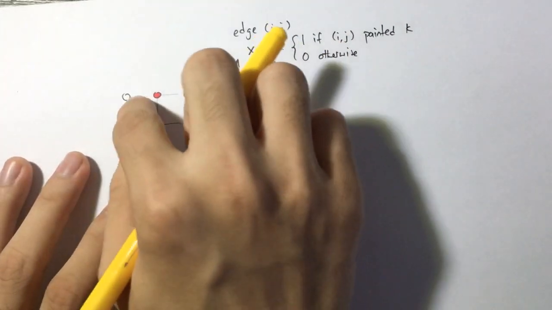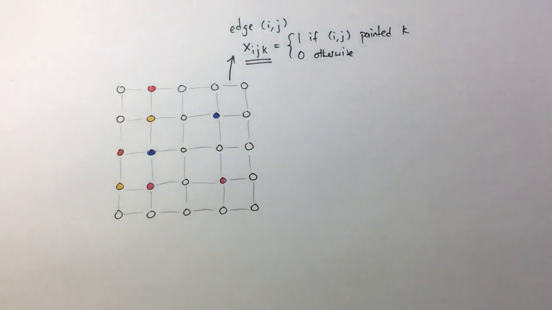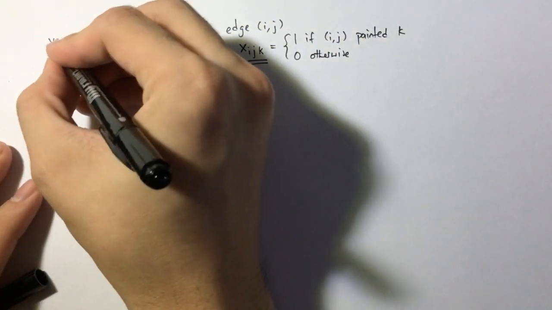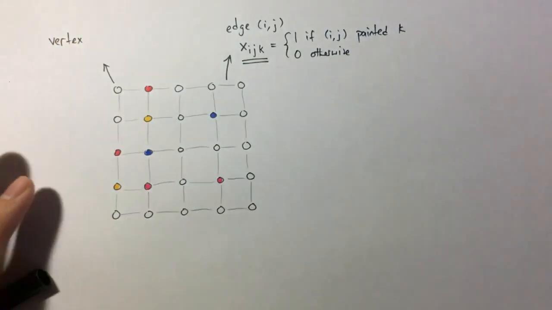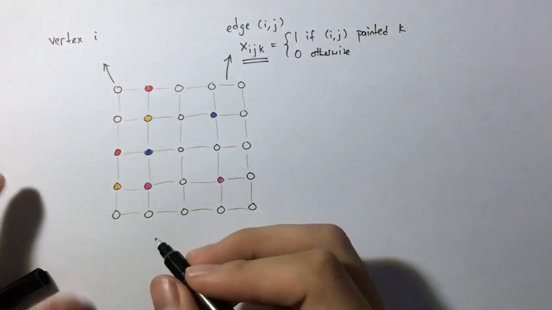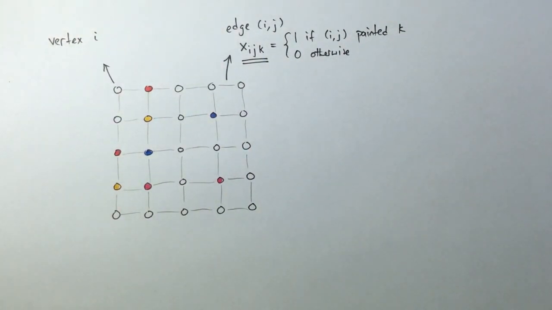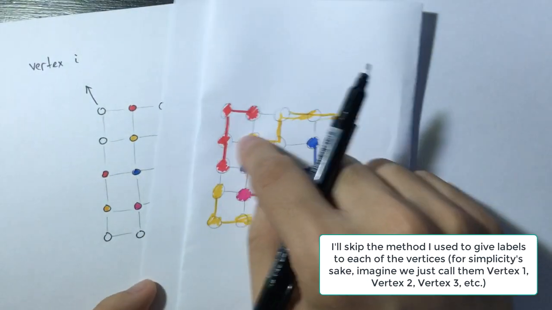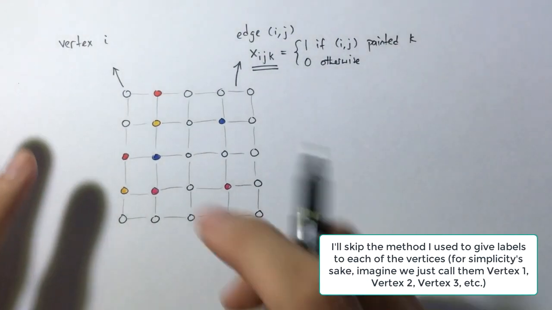So each of the particular nodes, or the vertex, as I've been using in the entire video, will also have some sort of a color. And so we can use another variable to represent it. So each vertex, in this case vertex i, will also have another variable representing what color it is, or what color of the path passes through it.